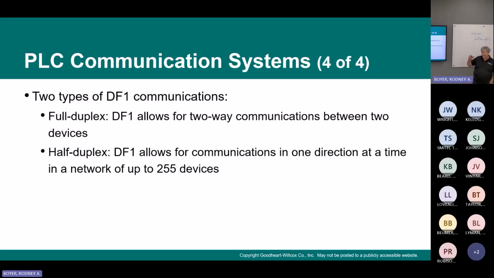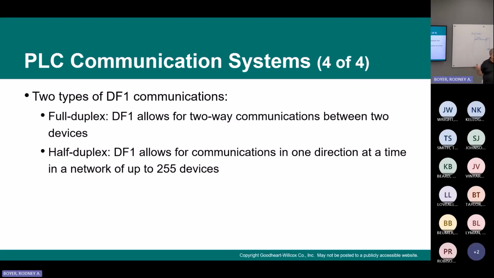Two types of DF1, full and half duplex. Full duplex just means that both devices, one on each end of the link, are capable of listening and talking at the same time. And half duplex means that you can only listen or talk.